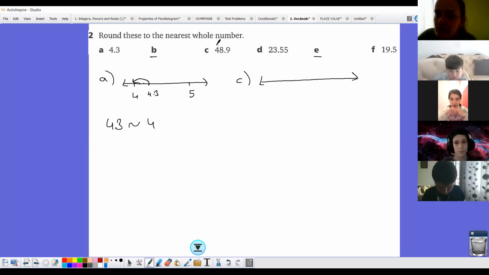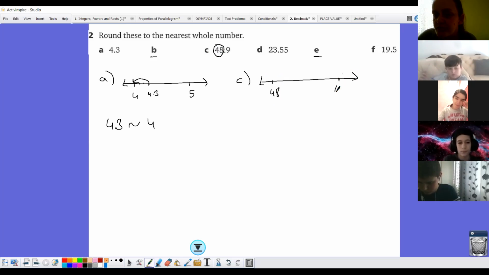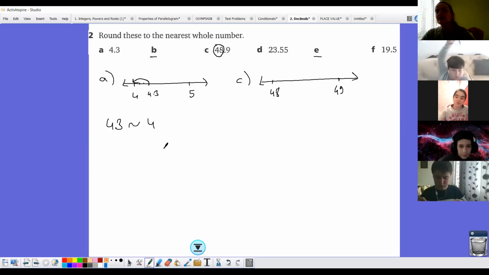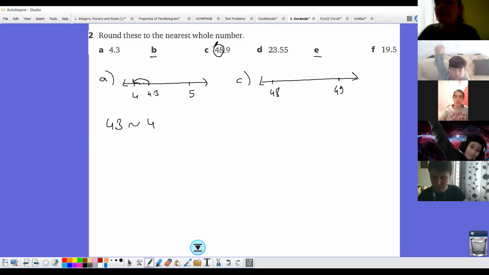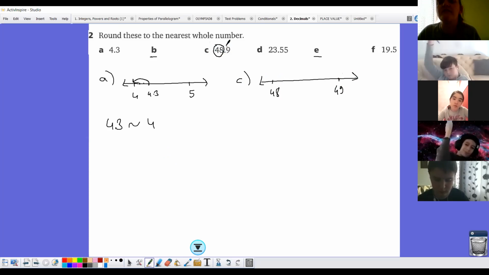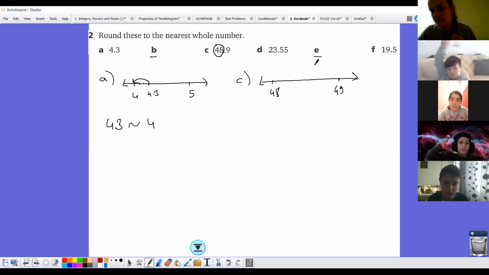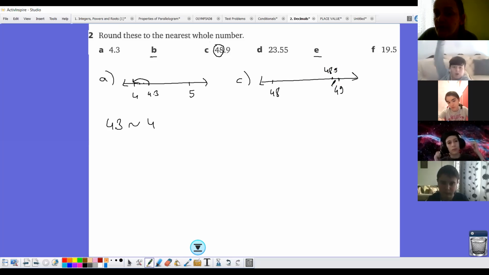So the first whole number is 48, and the next one will be 49. If it said nearest 10, you would do 40 and 50. Okay, now 48.9 is here somewhere, and it is nearer to 49.